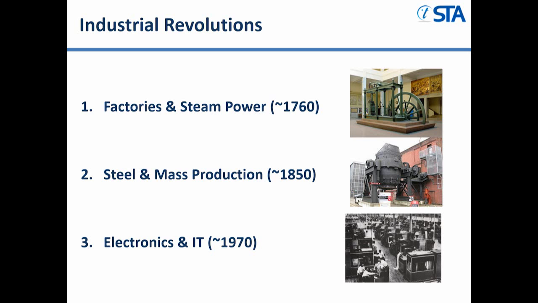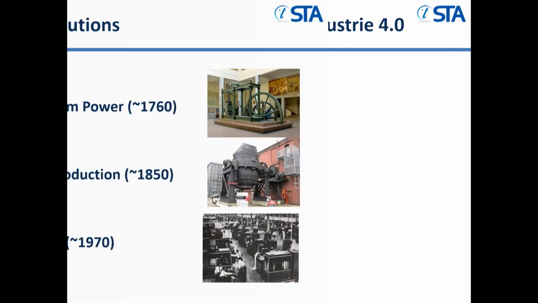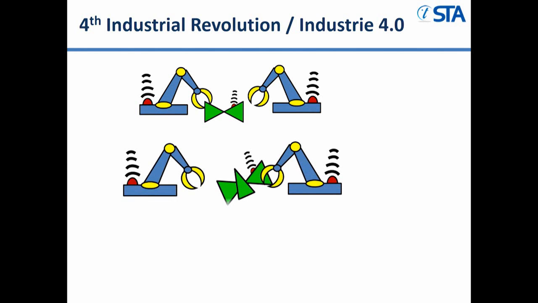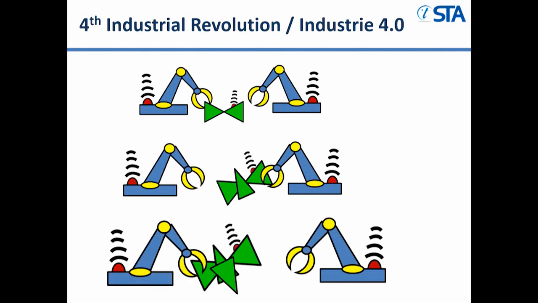So, what about the fourth industrial revolution? Well, we have the fourth industrial revolution coming from two different places. On the right there on the slide in the title you see Industrie 4.0. In 2011, the German government decided to put lots of money into smart factories.